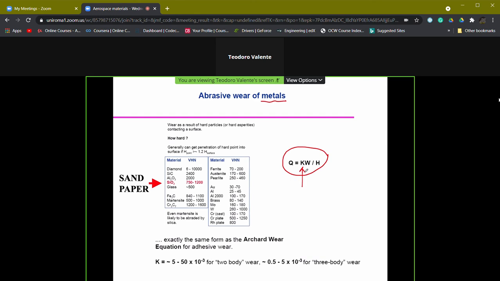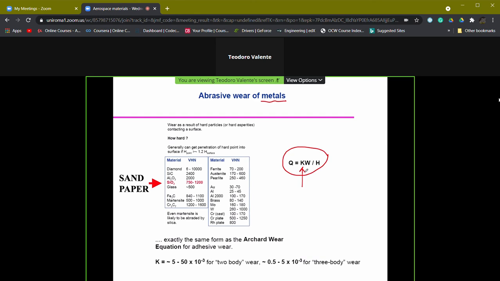When we have adhesive wear in mind, we have micro welding, as we said before. When we have abrasive wear instead, the asperities of one material are not going to weld with the asperities of the other material, but they are going to enter the surface of the other material and make a sort of excavation without any welding.